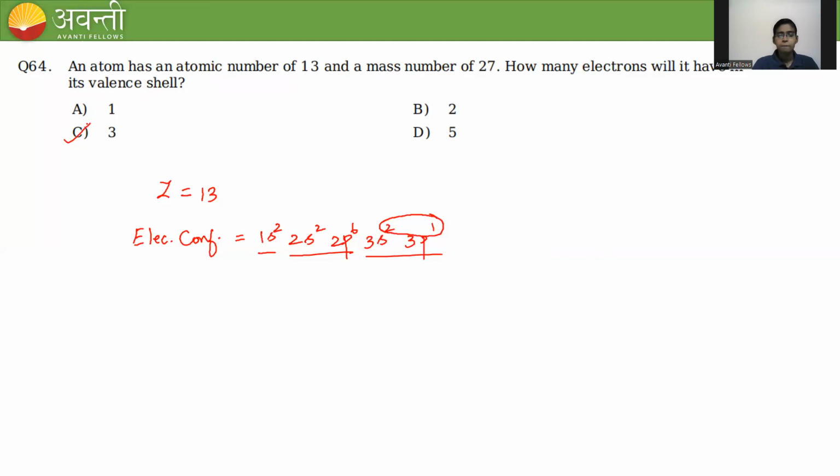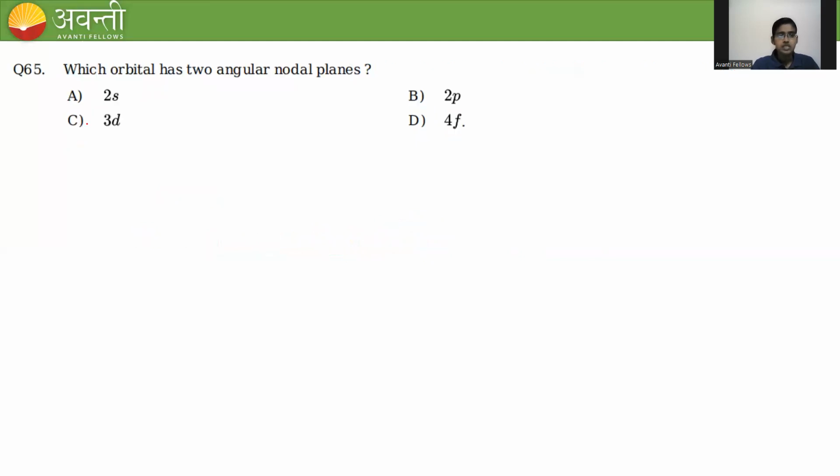Okay. Now moving on to question 65. Which orbital has two angular nodal planes? So we need to find out the number of angular nodal planes for the orbitals, and the number of angular nodal planes should be 2. So we have to find whether it is 2s or 2p or 3d or 4f.